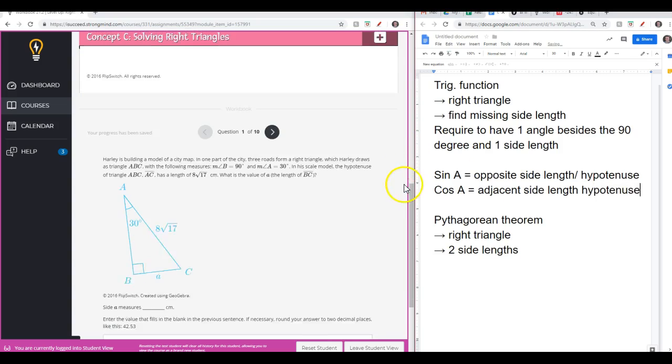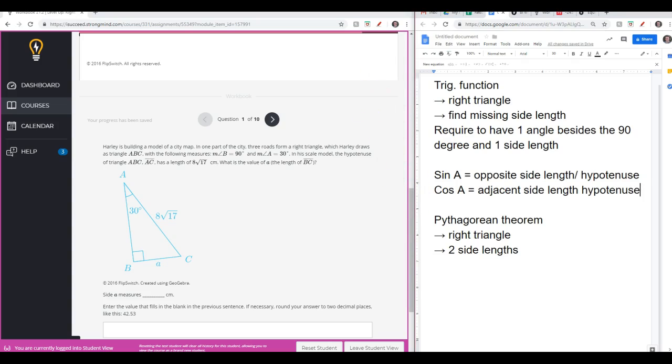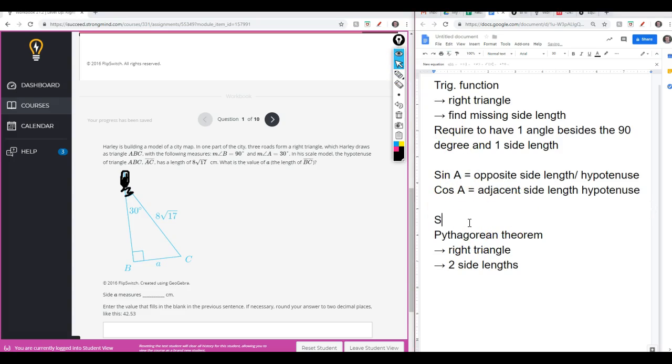So the very first thing we've got to do is decide what is our angle. I know that I used A here, that was just generic. The angle that we're going to use is the one that they give us, which is 30 degrees, right there. So we either have sine of 30 degrees or cosine of 30 degrees.